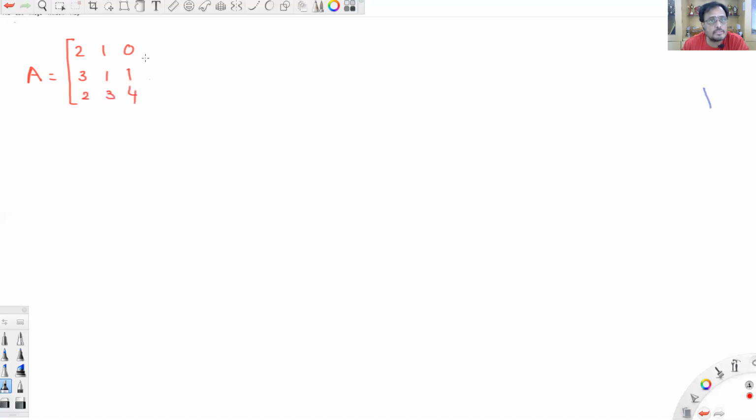So this is the A matrix, and A transpose, that is A dash. Transpose means you take the rows, 2 1 0, 3 1 1 and 2 3 4, and interchange row to column or column to row.